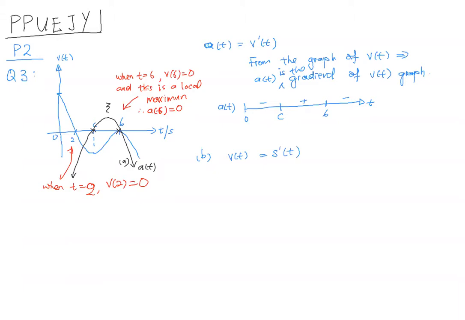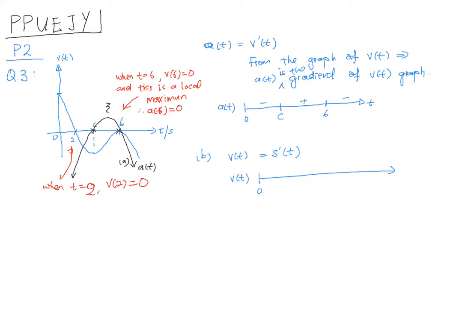So if I want to draw the S graph, I want to know which is the S graph, I must have the VT sign diagram to help me know whether my ST graph is going up or going down. So I start from here, 0 onward.